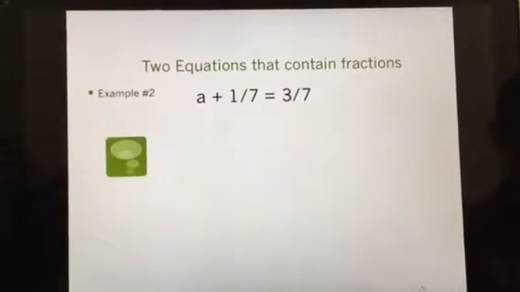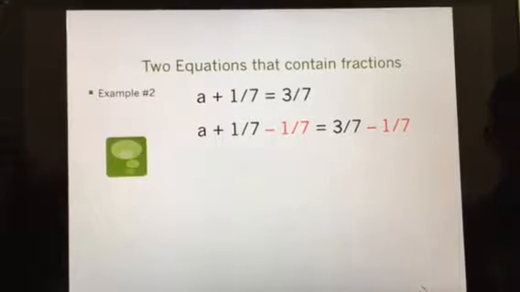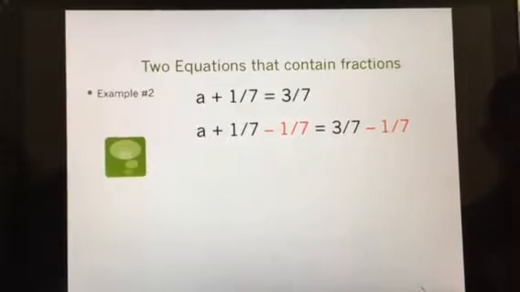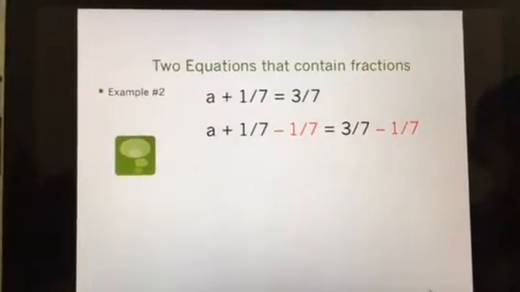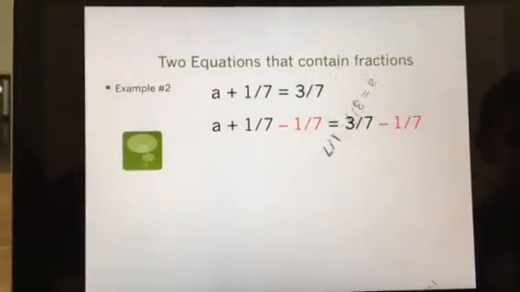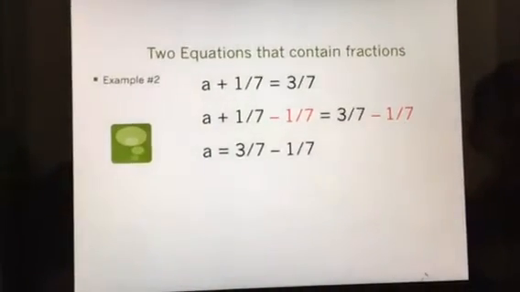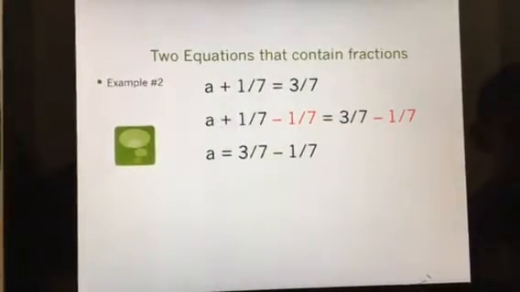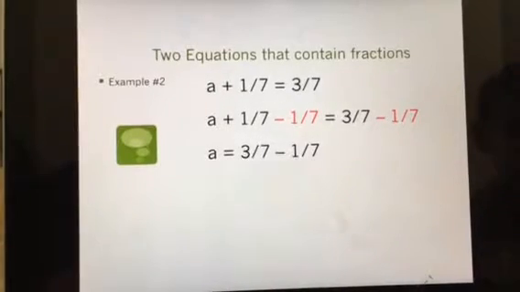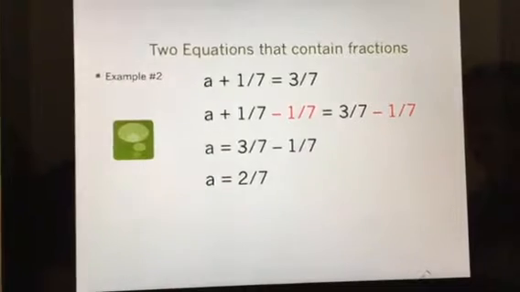I'm going to subtract 1 over 7 from the left and from the right, because what I do to one side I have to do to the other. I have a equals 3 over 7 minus 1 over 7. And since the denominators are the same, this makes solving the equation with fractions easy. 3 over 7 minus 1 over 7 equals 2 over 7, so a equals 2 over 7.